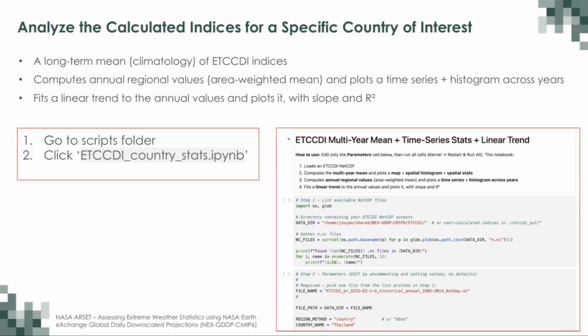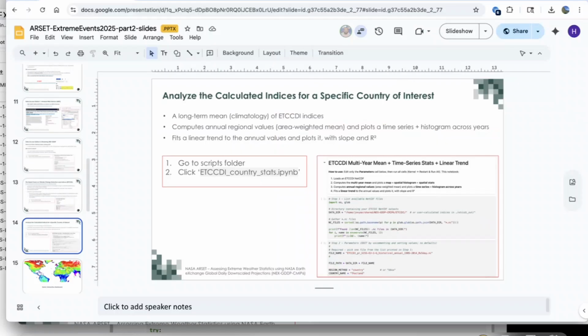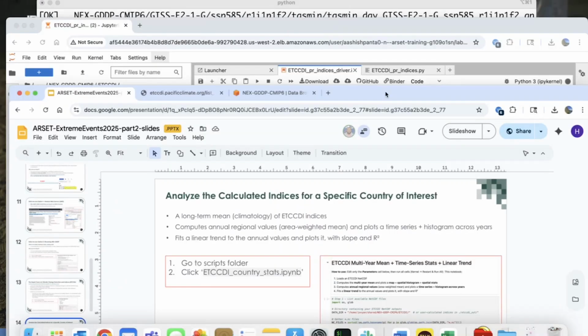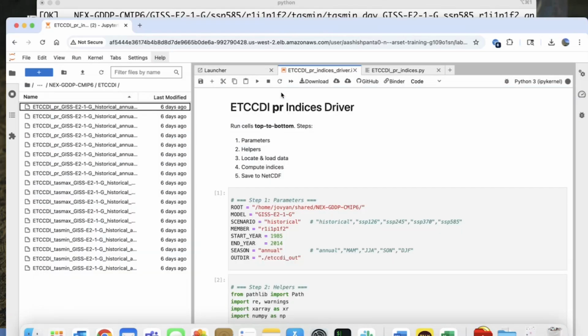It will also calculate the annual regional averages for a chosen country. Then it will plot time series and histograms across years. Lastly, it will fit a linear trend to the annual values and plot the slopes and R-square values.